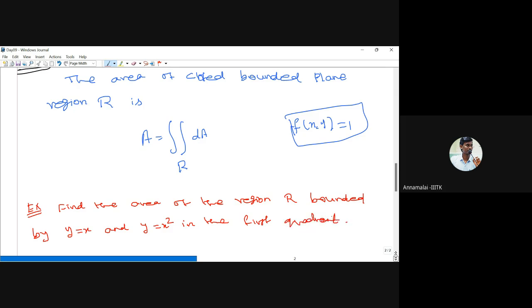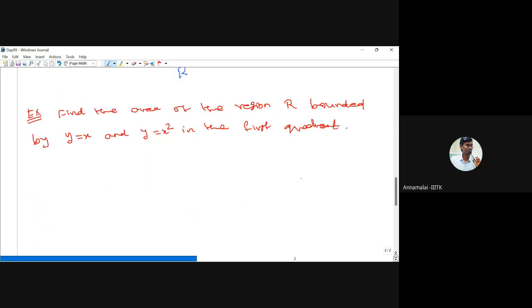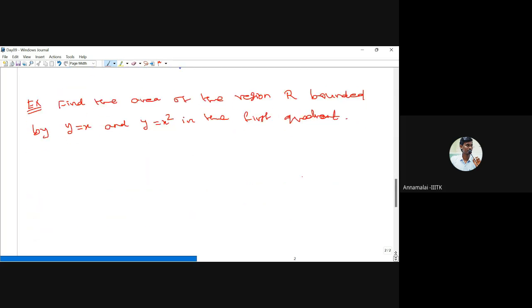So what is the area bounded by this? First you draw the picture, and then you can evaluate.